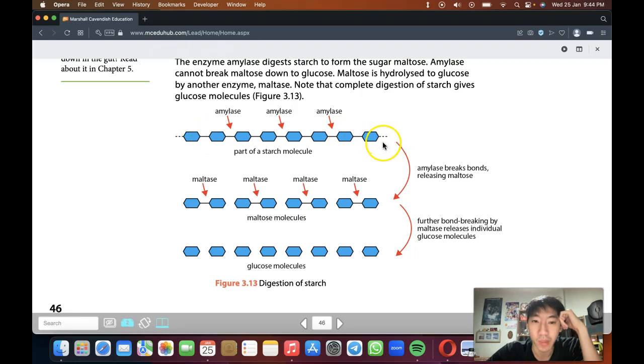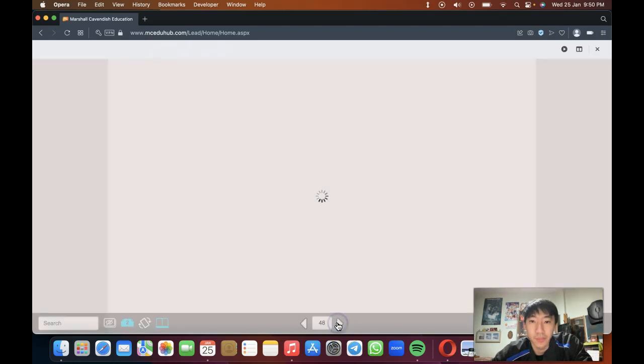Alright, so now the maltase will then break down the maltose into glucose molecules. Okay, so that is how the starch is digested into glucose.